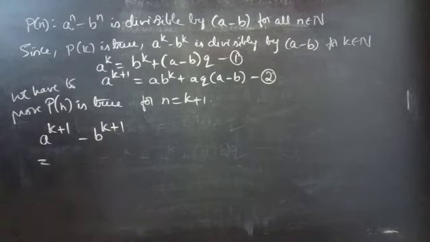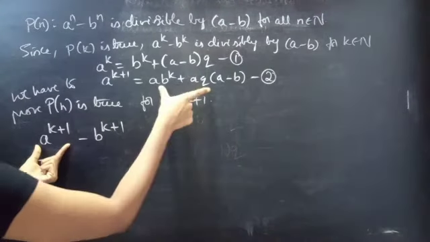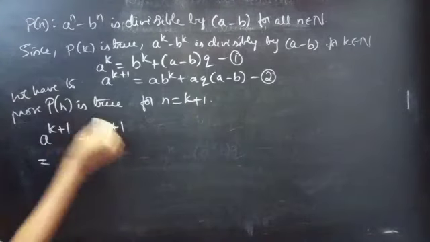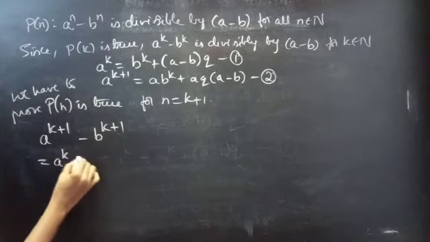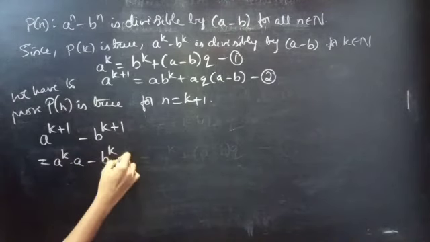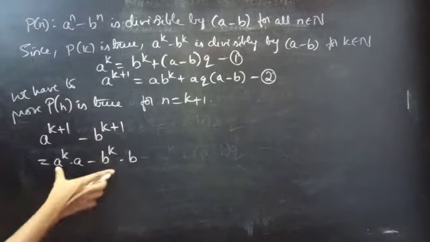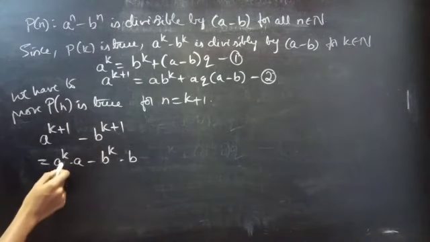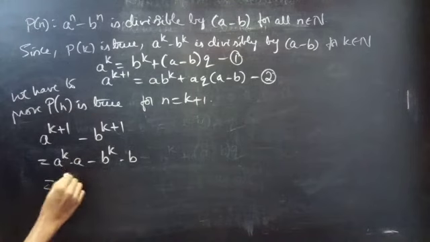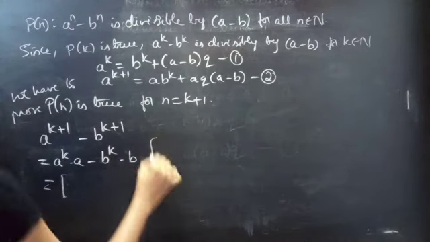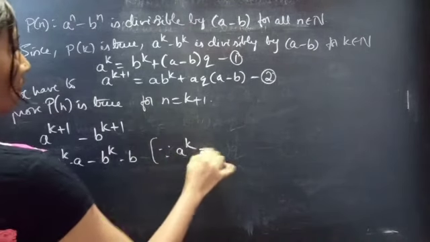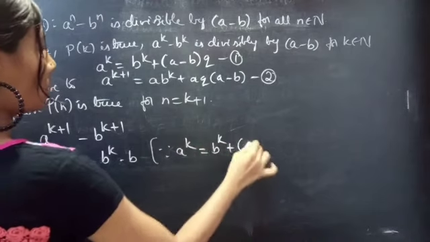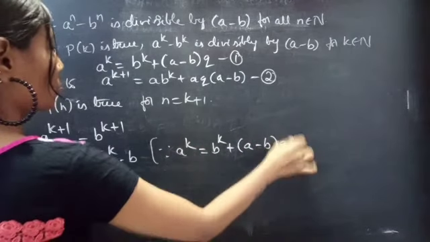You can replace a power k plus 1 by this, or you can just split this as a power k into a minus b power k into b. Okay, let's see what happens if we split this. Then simply replace a power k by this one, that is by equation 1, since a power k equals b power k plus a minus b into q, right?